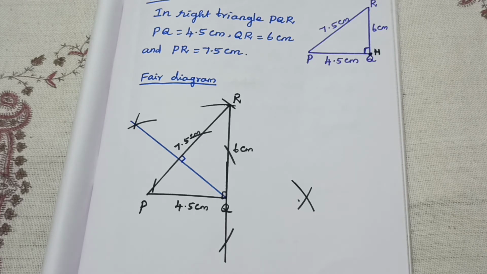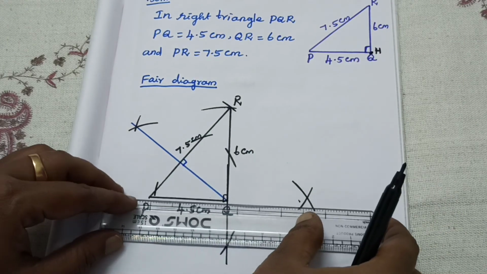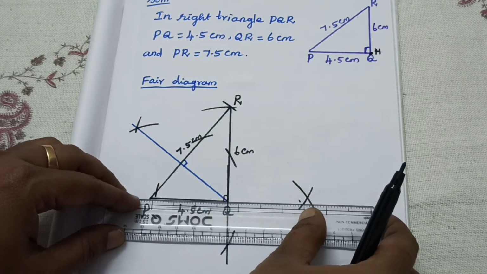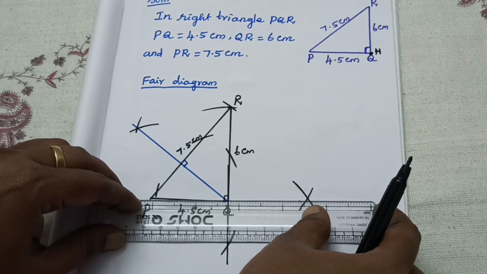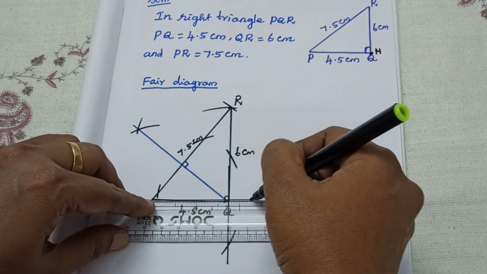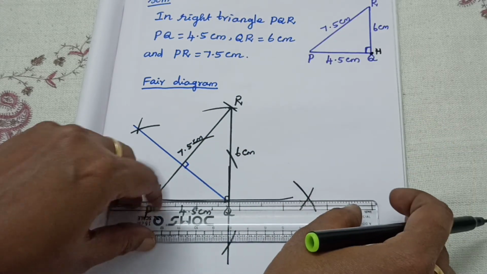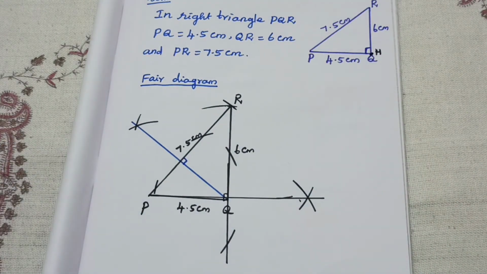Keep it here and draw the arc. Have you understood? So here one point we got, isn't it? Then vertex B and this point you have to join. Have to join this one. Understood?